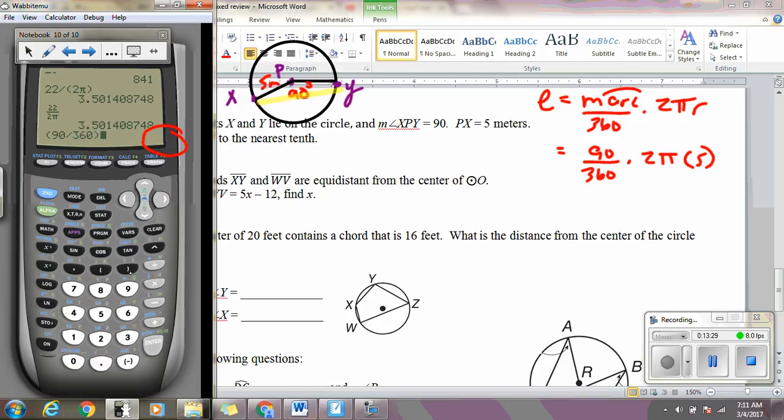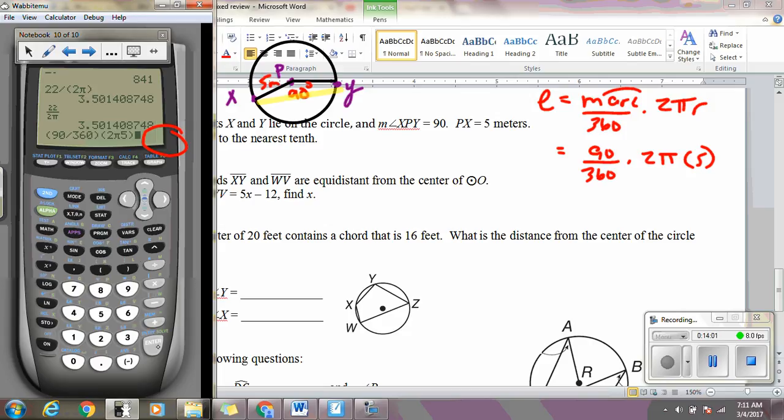Either one is fine. And then I would put 2 pi and 5 in another parentheses. You don't have to put 2 times pi times 5. The calculator is smart enough to recognize that putting them side by side means to multiply, but if you're using a scientific calculator, you're going to have to tell it to multiply all that.